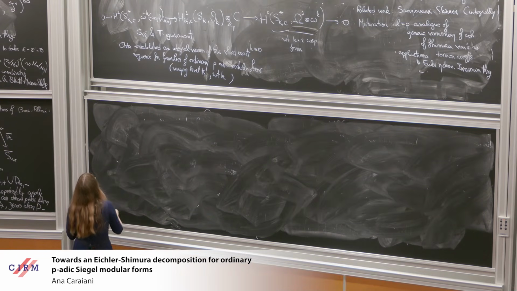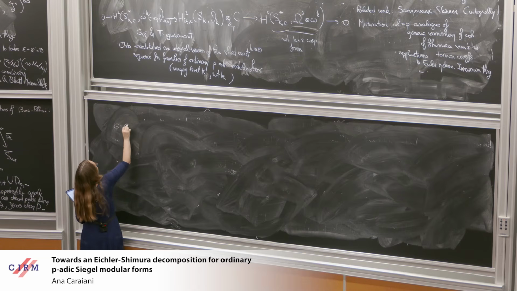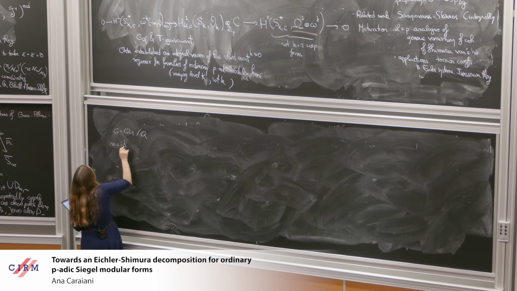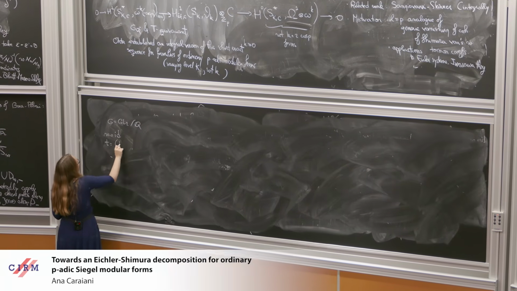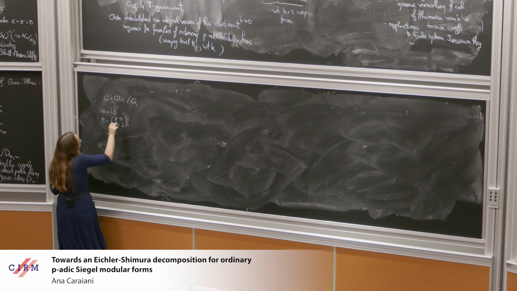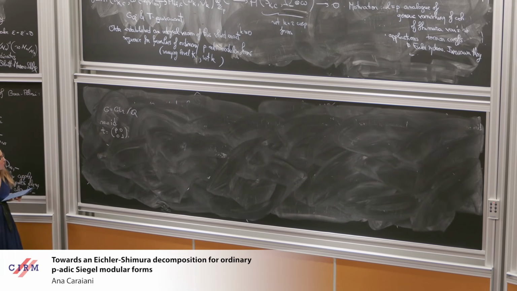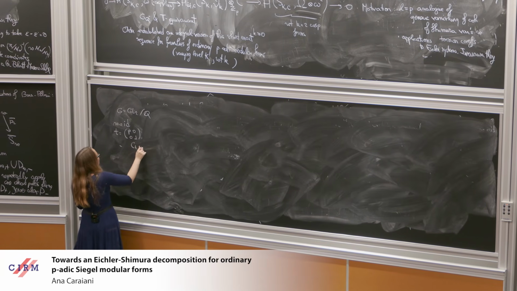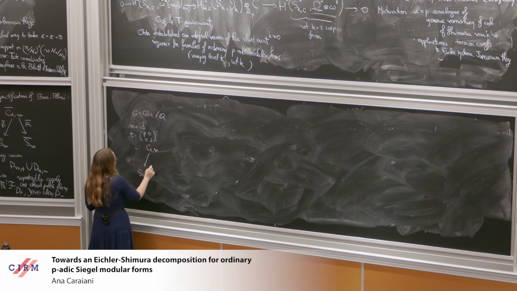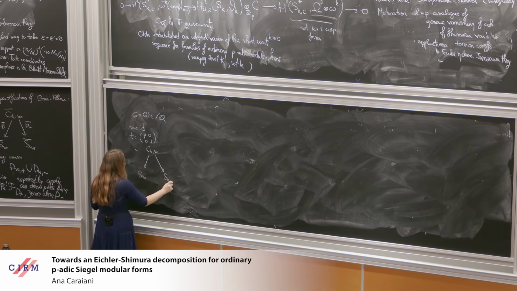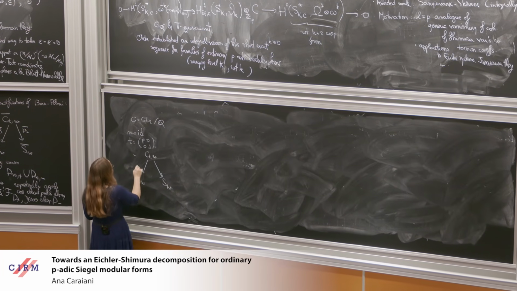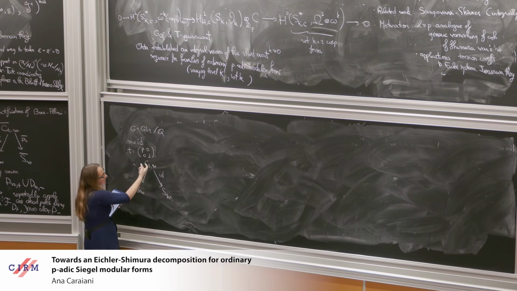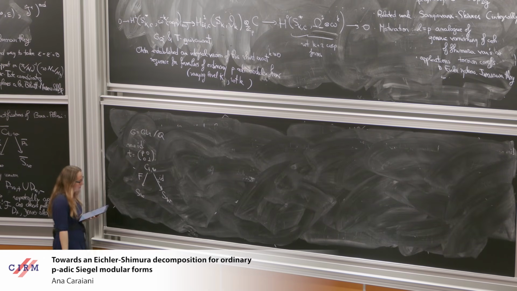For G equals GL2 over Q, as I said, you have two choices for your Weyl group element. The only Hecke operator that matters is the double coset operator for this one. And then here the correspondence, if I'm not wrong in my normalizations, looks like relative Frobenius and identity or some isomorphism.